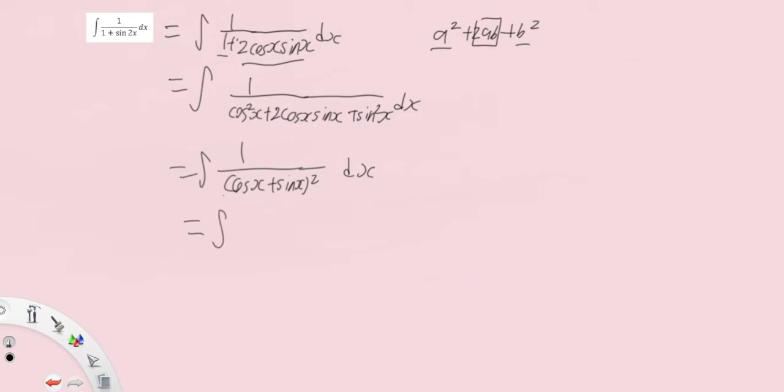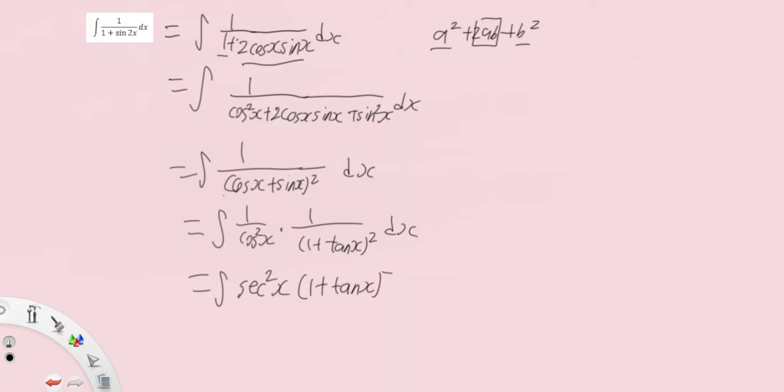So 1 over cosine squared x, times 1 over 1 plus tangent x, whole thing squared. You notice that we can simplify this further, and we get secant squared x times 1 plus tangent x, whole thing to the power minus 2.